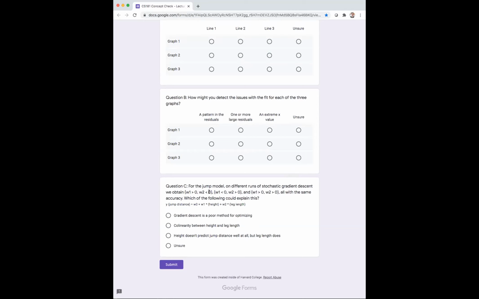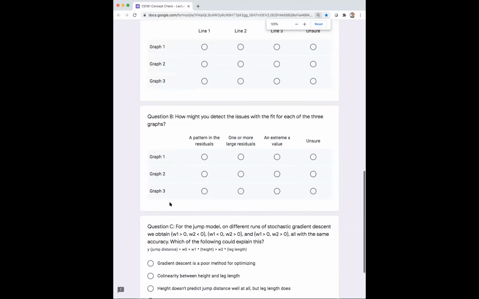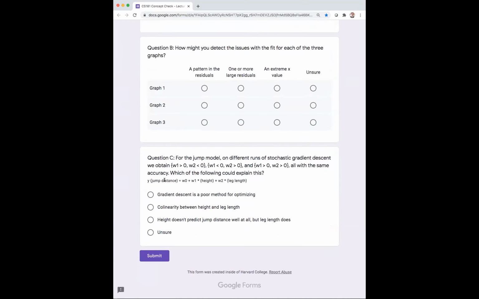Question 3 is describing this, and maybe see if I can make that a little bit bigger, is describing this very simple model of how far people can jump. Okay, so there's W0 plus W1 times the height of the person plus W2 times the leg length of the person. And that's supposed to be a model of how far people can jump. And it says for the jump model on different runs, now we haven't talked about gradient descent, but just kind of picture a gradient following procedure.